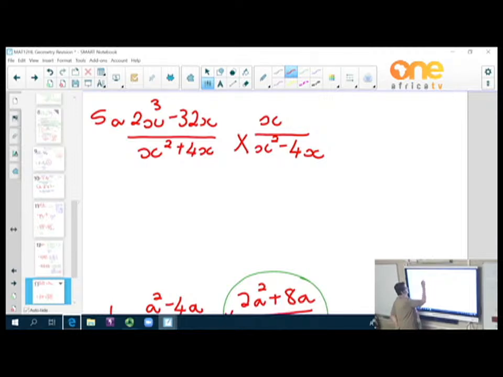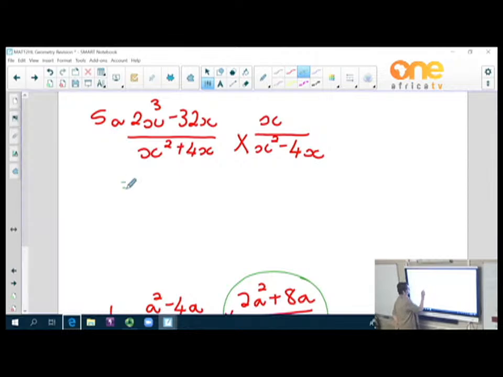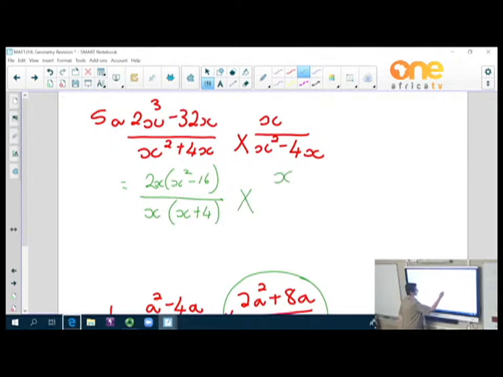Highest common factor, so I take out here a 2, and then there remain x squared minus 16. 2x, I will take out 2x, and then there remain x squared minus 16. Over, this one is the highest common factor, so I can take out x plus 4, times x. This one is also the highest common factor. It's just x minus 4 that we have now there.